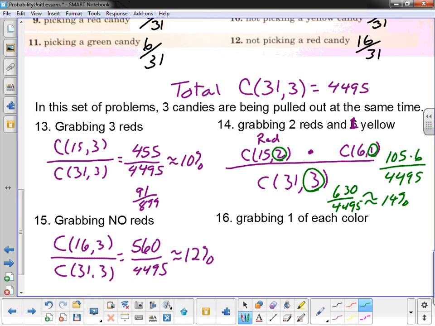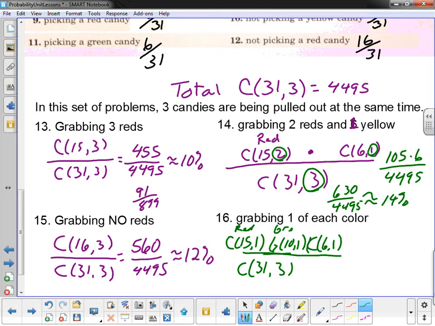Now what if I want one of each color? On the bottom it's still 31 comma 3. On the top we have the reds, 15 comma 1, the greens, which is 10 comma 1, and the yellows, which is 6 comma 1. As I pointed out in the Pascal's triangle video, if I'm only taking one of the item, the number of items I have is how many outcomes.